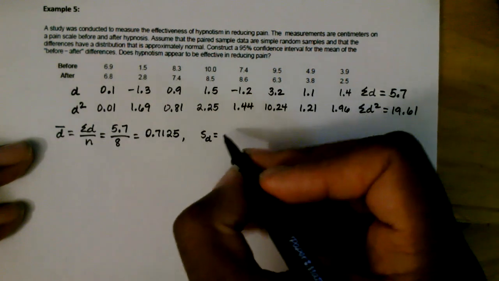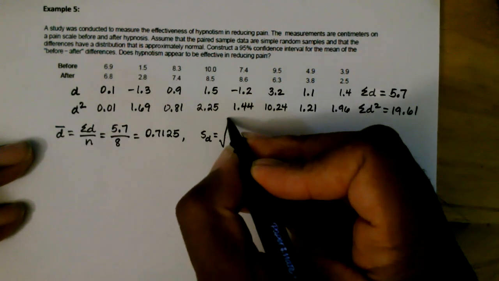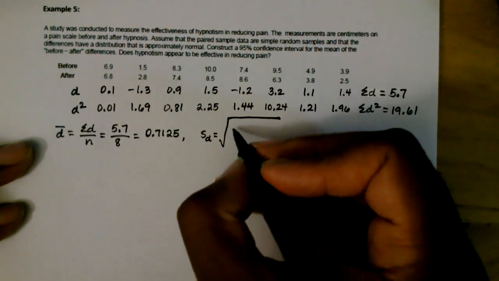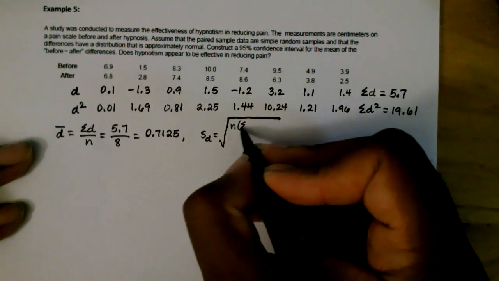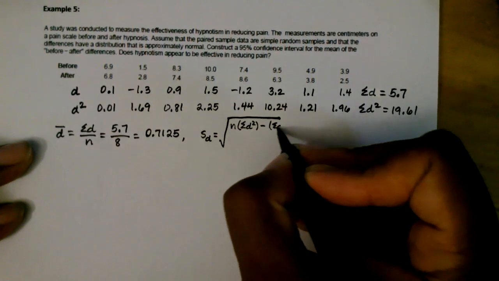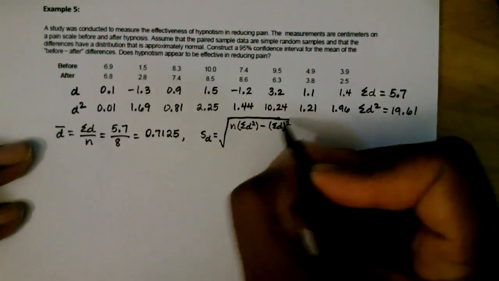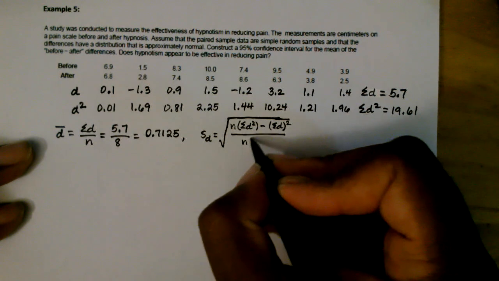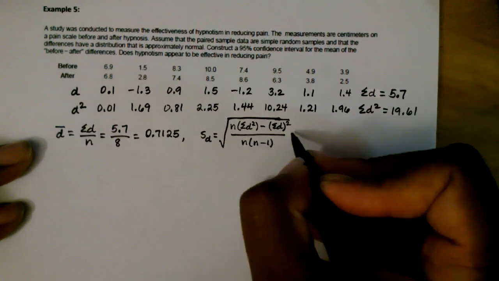And then S sub d, the standard deviation of your differences, if you recall, that is the square root of n times the sum of your d squares minus the sum of the d, that will be squared, divided by n times n minus 1.